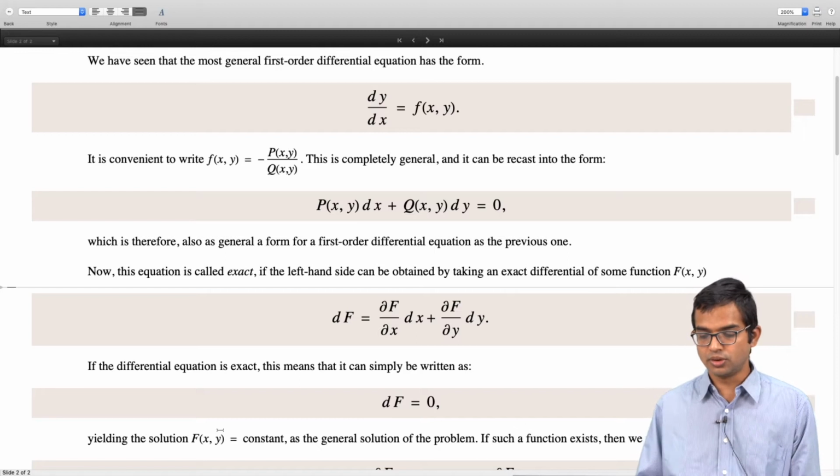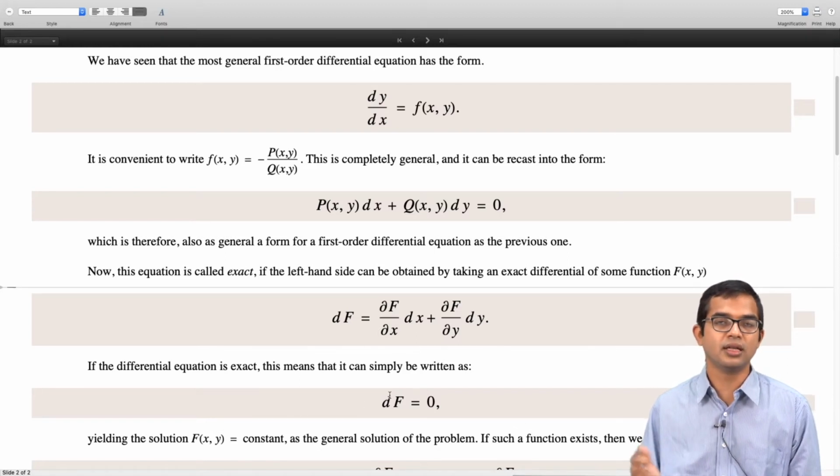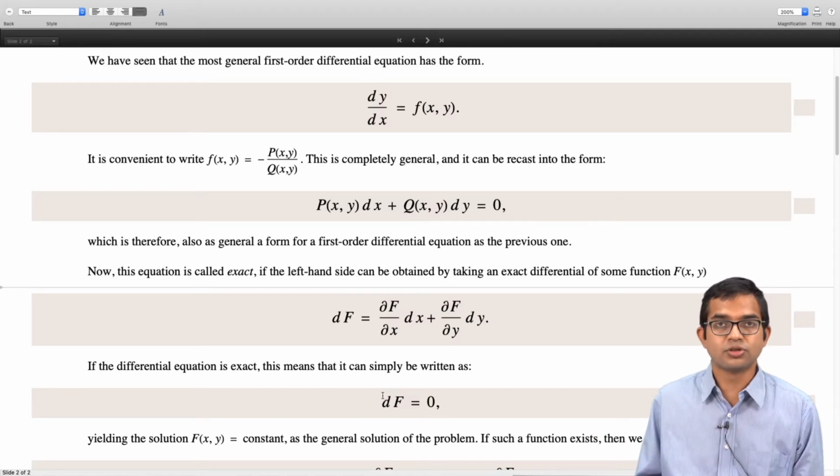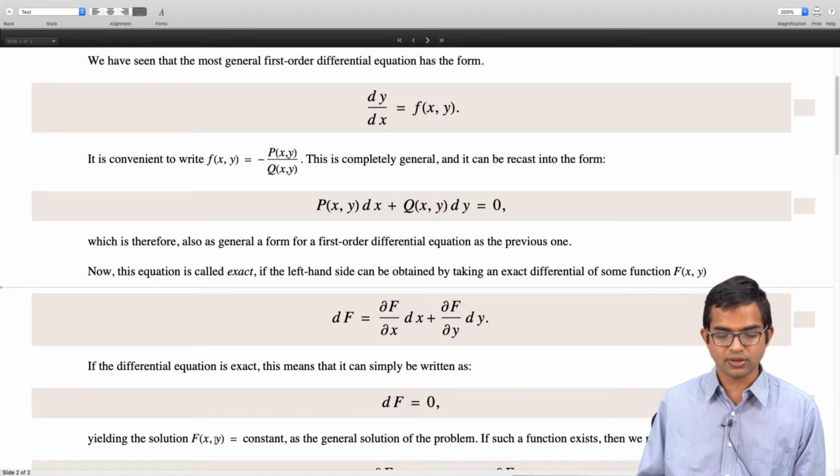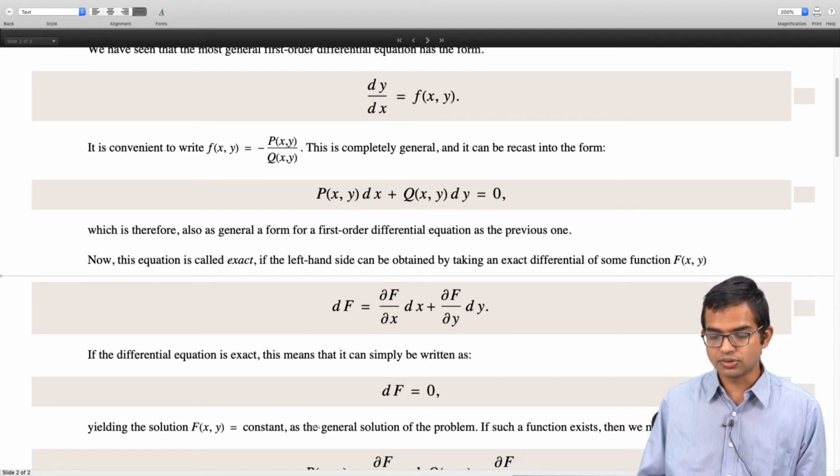So if such a function exists, and you can somehow find it, then that solves the problem immediately, right? f of x comma y equal to constant is the solution. Now of course it would be nice to tell immediately, as soon as you're given a differential equation, whether it is already exact, right? Is there a prescription to find out whether it is exact? And the answer is yes, right?